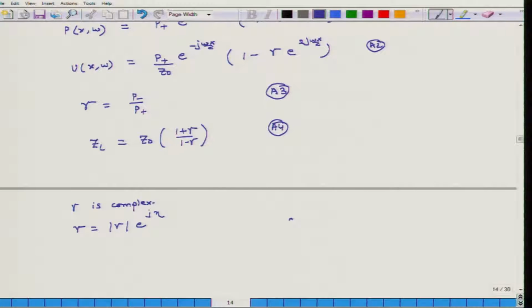So, eta tells us about the phase of gamma and the modulus tells us its magnitude. Okay. Let us call this A5. So, we put A5 in A1.